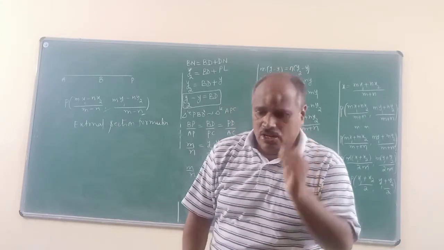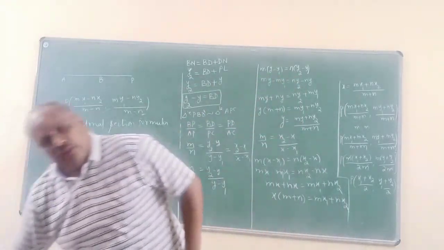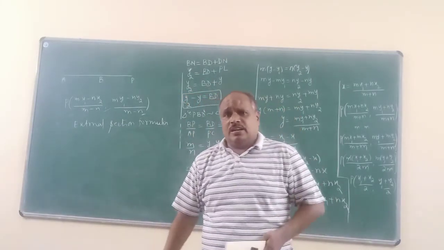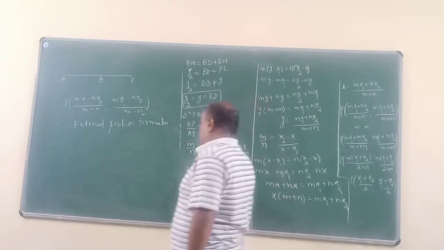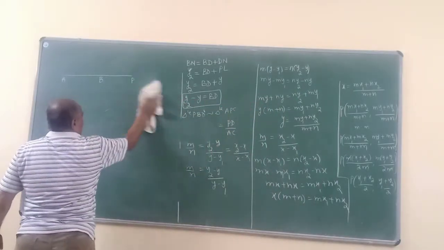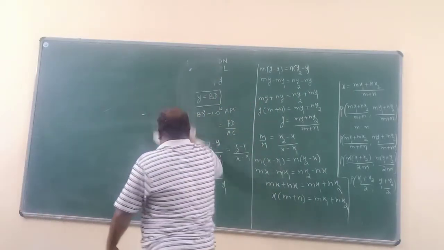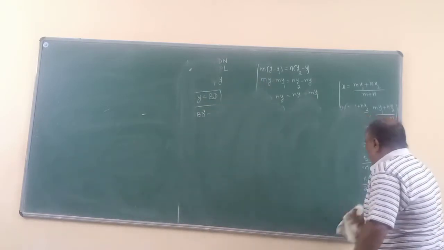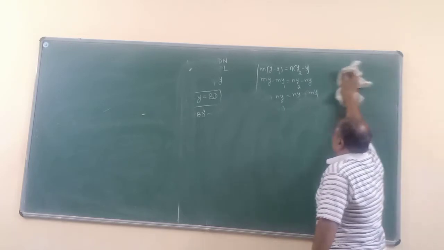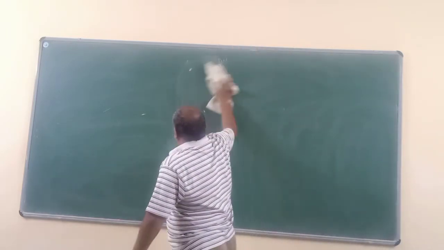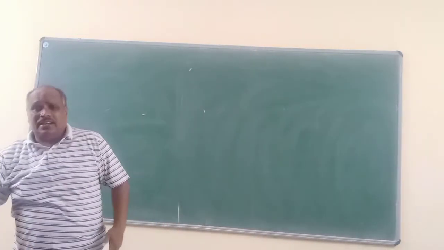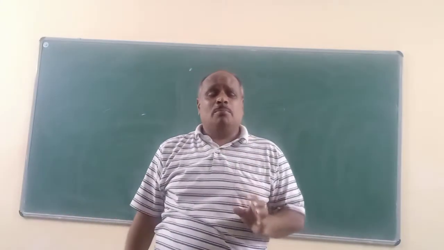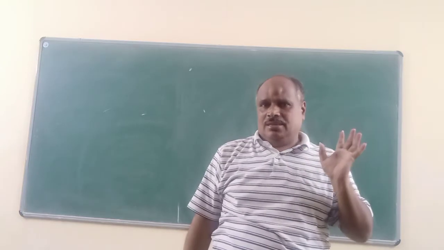You know well, students, in a triangle we can draw three medians. What does the median do, you know well. The median divides the side into two equal parts. The median bisects the sides.